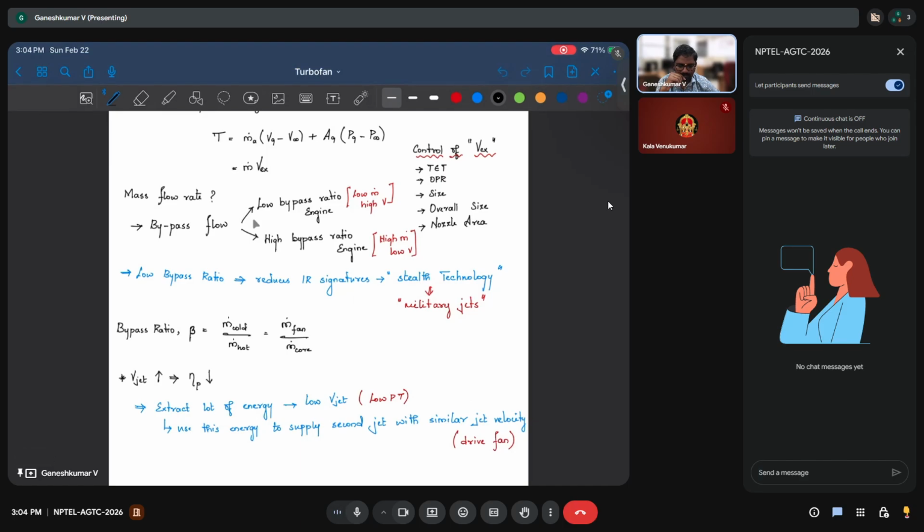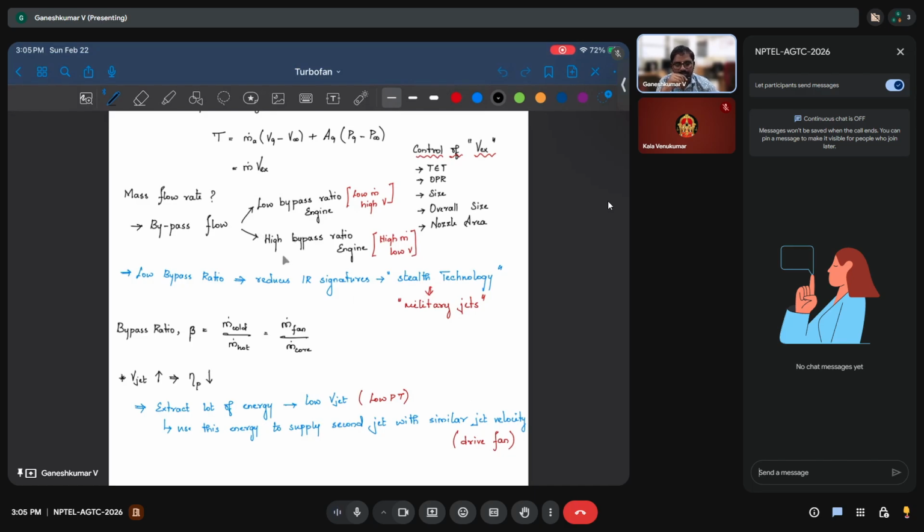Typically, people divide turbofans into two types: low bypass ratio engines and high bypass ratio engines. Low bypass ratio engines are typically used for stealth purposes, to mask the IR signatures from the exit of the nozzle of the core engine, and they are used in military aircraft.